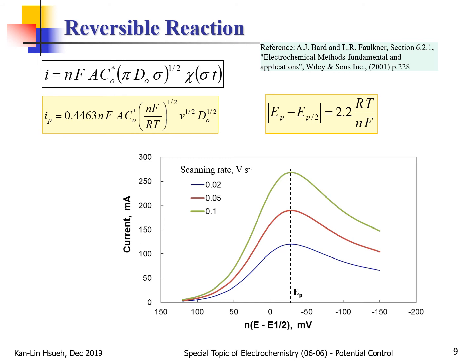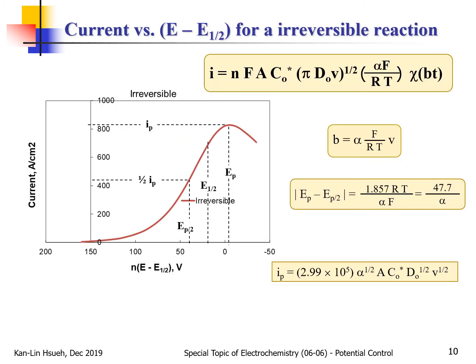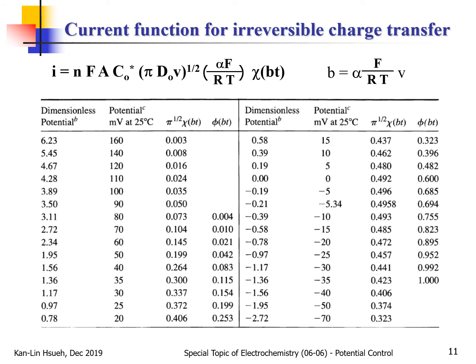On the other side, for the irreversible reaction, you can see the slight difference is that the peak is not so symmetric over here. The peak potential is still a function of the scanning rate, but the parameters are slightly different. This numerical data is just for reference.